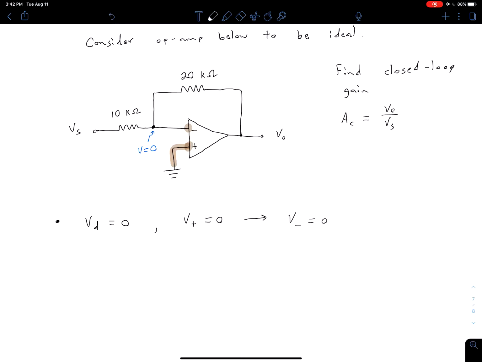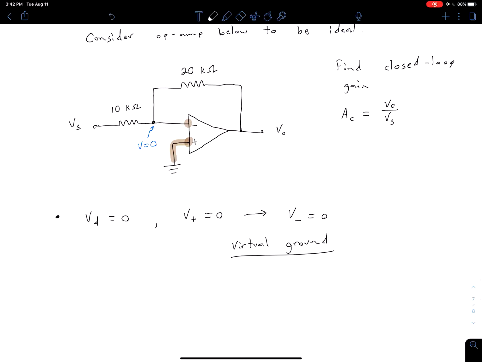One thing that you might see as you're working with electronics, if we're talking about this inverting node, this negative input of our op-amp, we would say in this case it's at a virtual ground. And so what the virtual ground means is that it's essentially at a ground potential, but there's no physical path to ground. Okay, so just sort of a little idea as we're looking at other circuits later on in other classes.